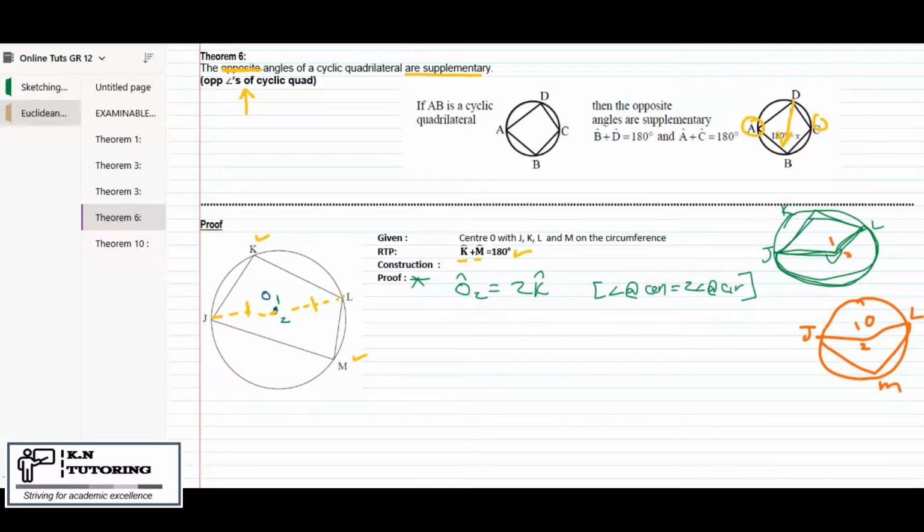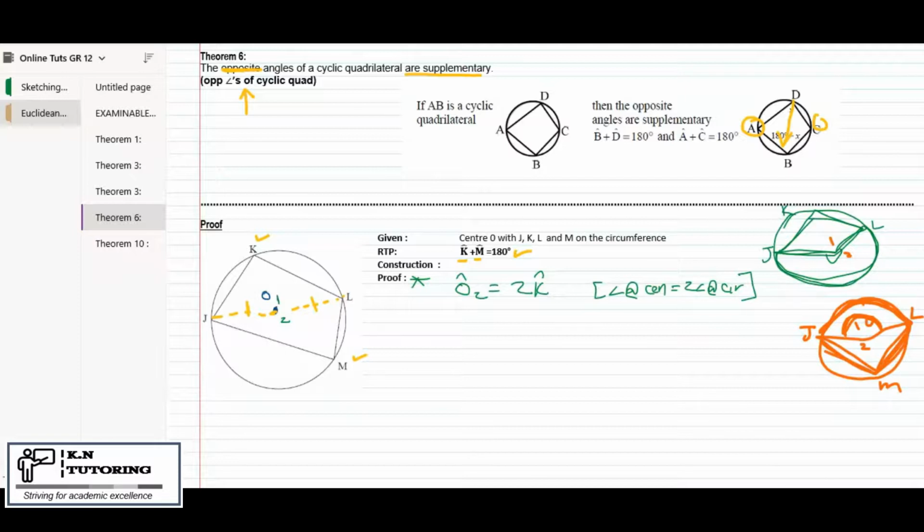Okay, so again, this is theorem number 2 that we've looked at in the previous slide, which says angle at center is twice the angle at the circumference, because if you look at this triangle, this angle, which is subtended by this arc at the center, is twice the angle subtended by the very same arc at the circumference.